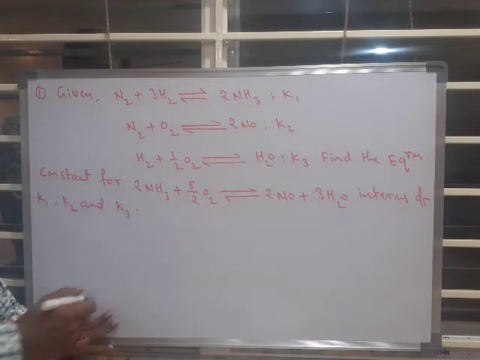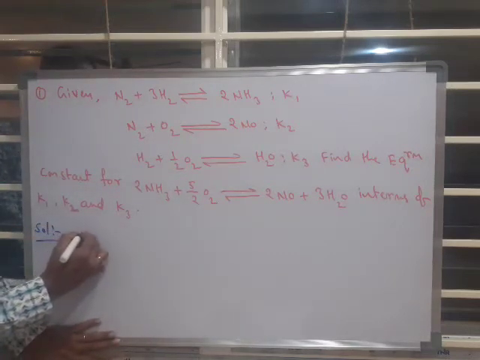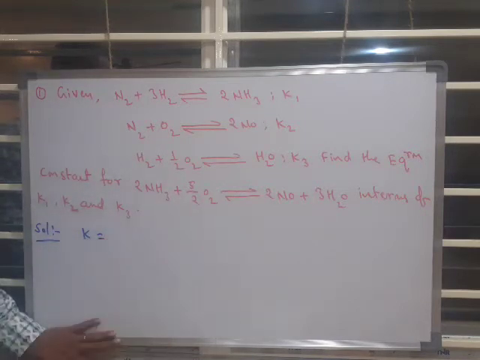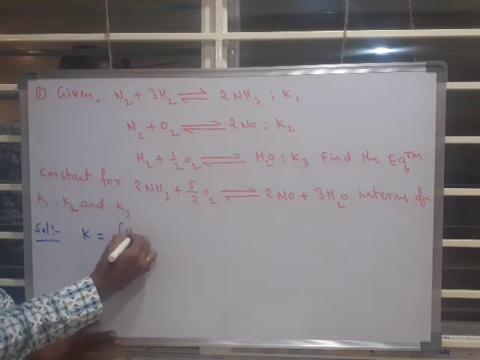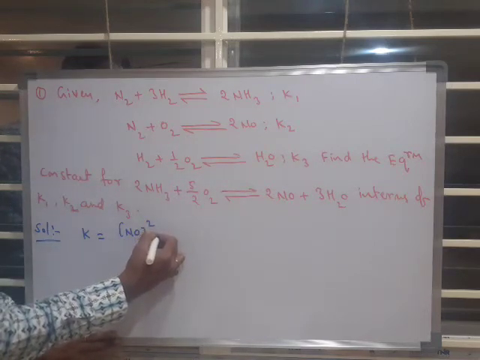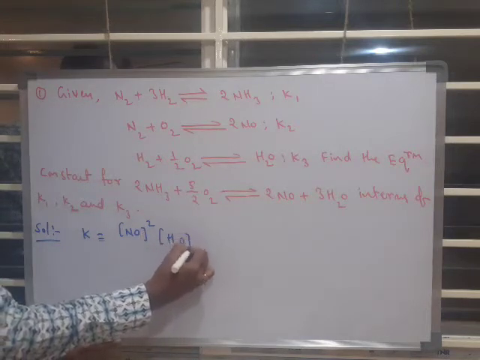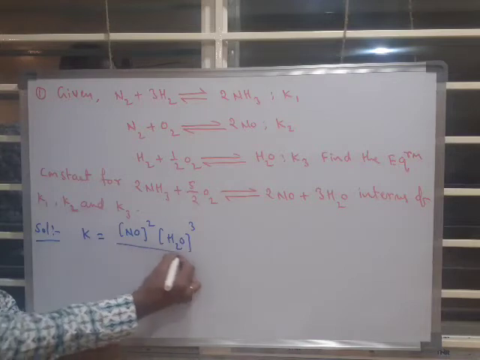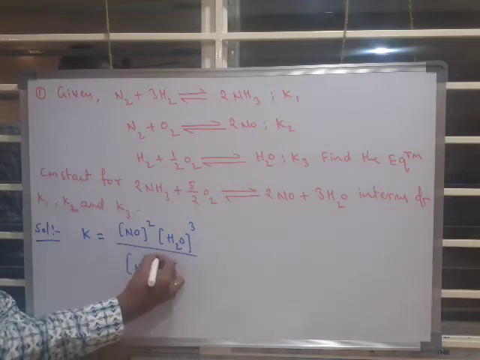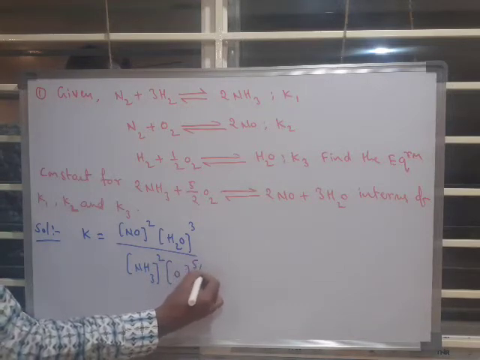So actually what we need to find out is this one. Let's first write the expression. We have to find the equation. So K is equal to, and here all are gases, and O2 appears.